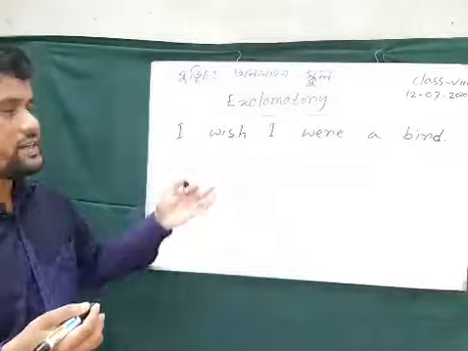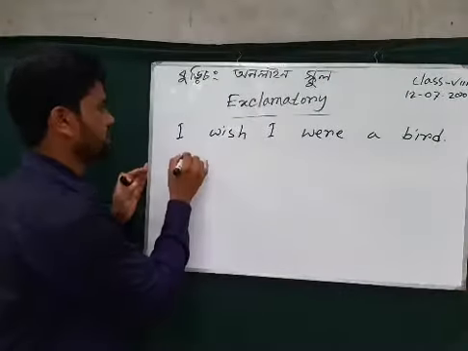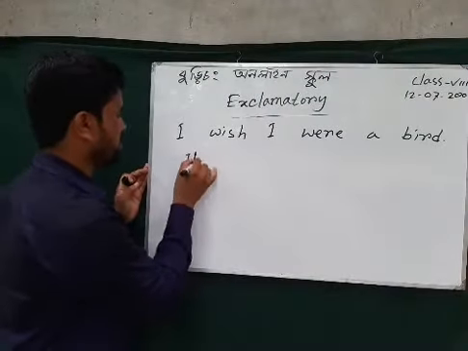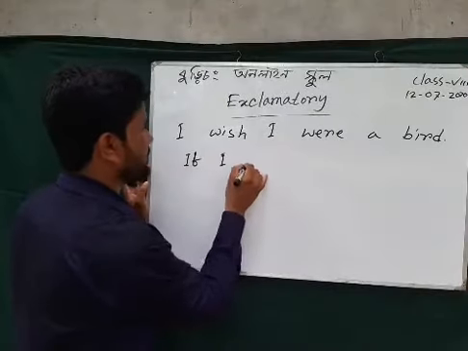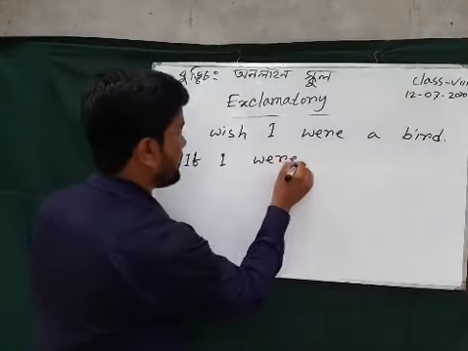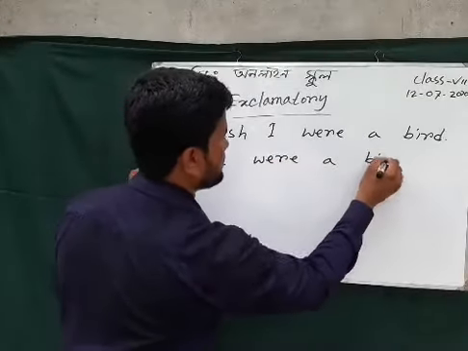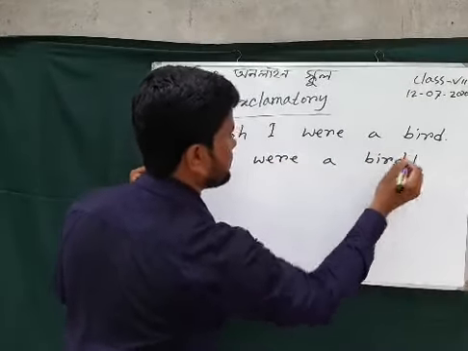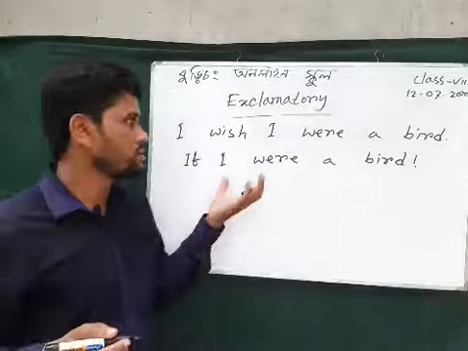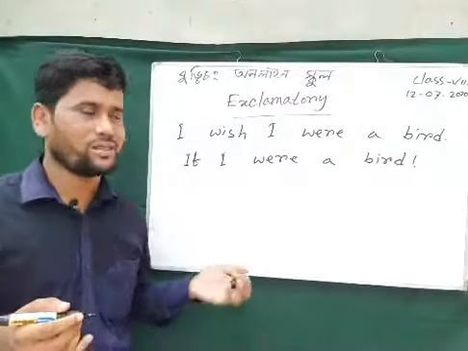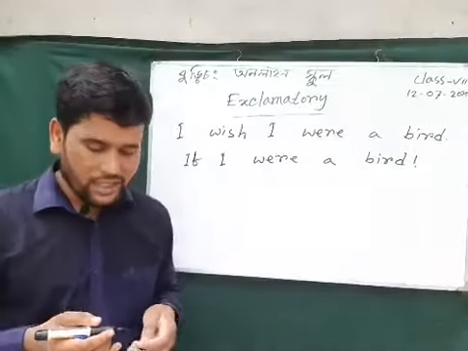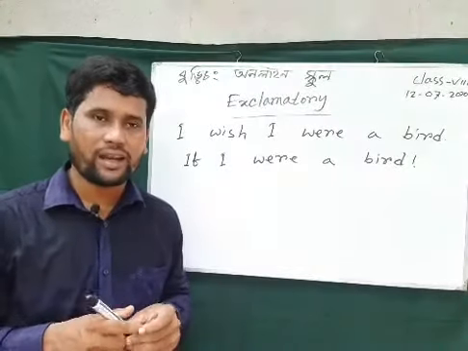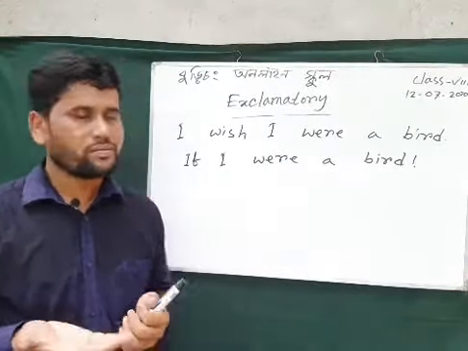So when we find this, we use if instead of subject plus wish, then subject. If I were a bird, and note of exclamation. So একেবারেই সহজ, যখন আমরা সাবজেক্ট প্লাস উইশ পাবো, দেন উই ক্যান ইউজ ইফ, উড, দ্যাট, হ্যাড, ওয়ার or could, something like that.